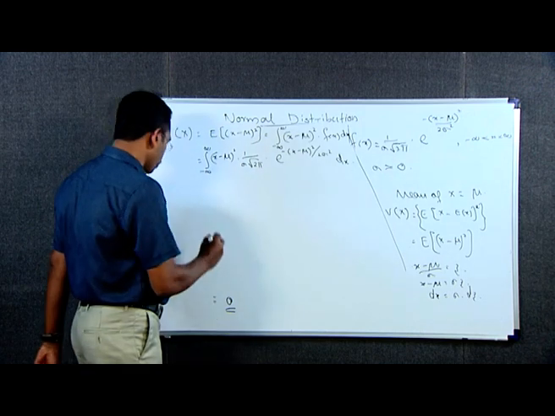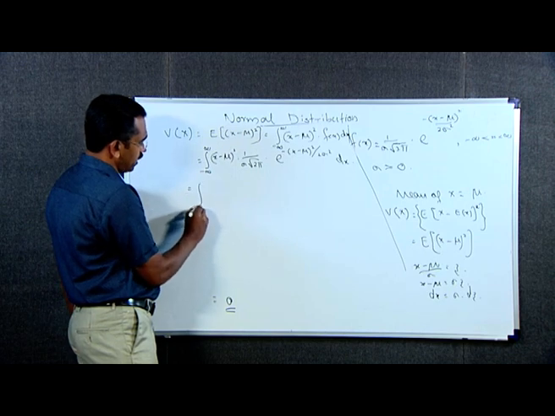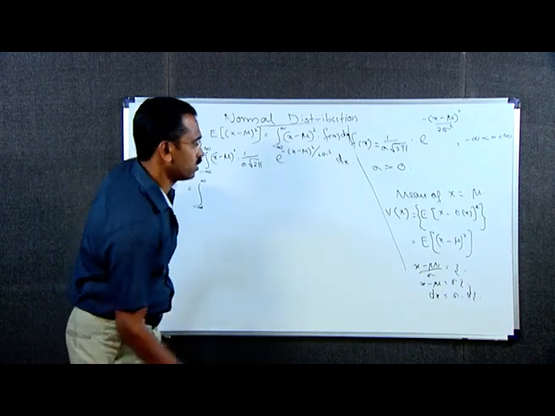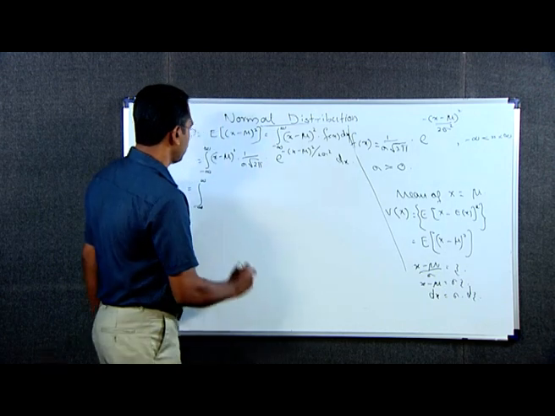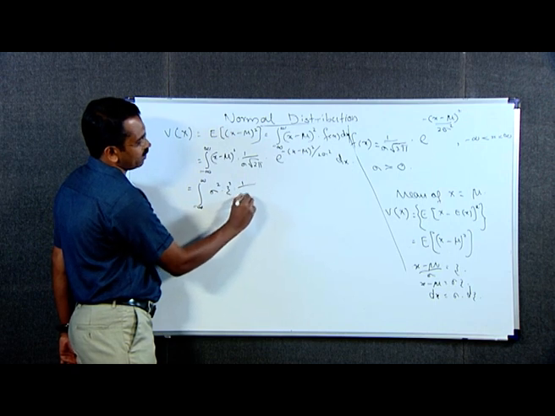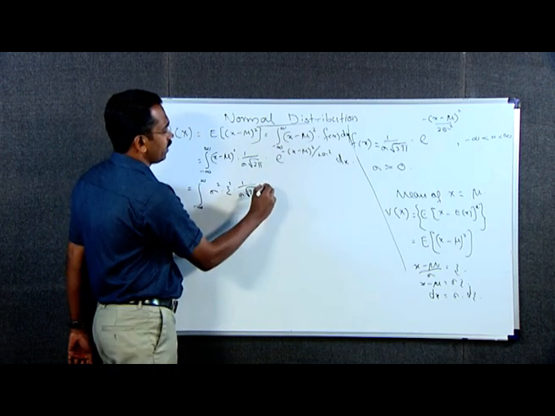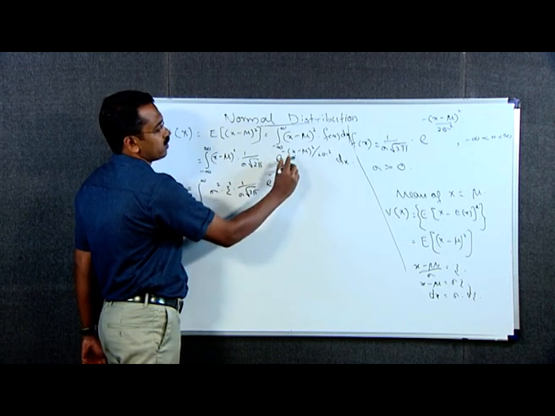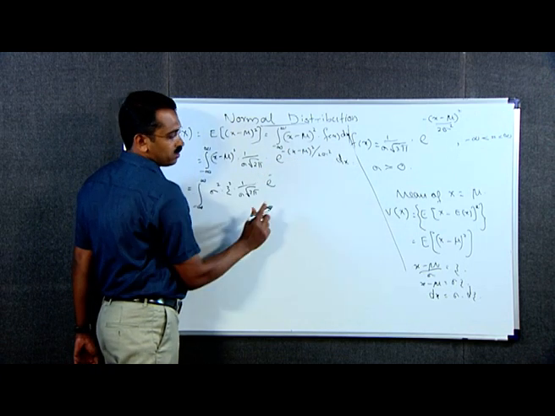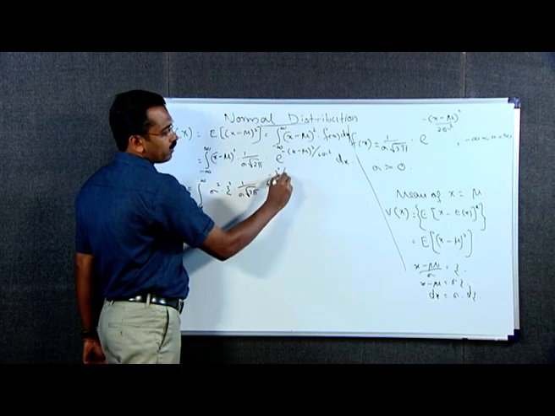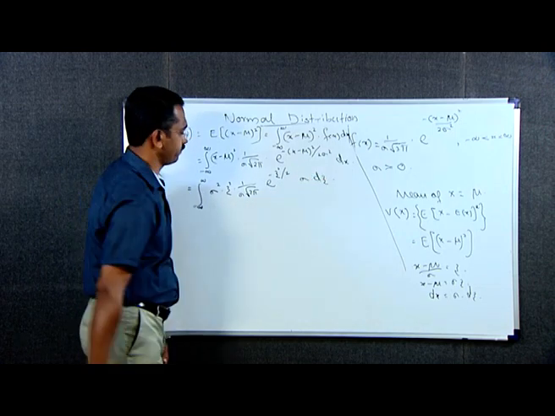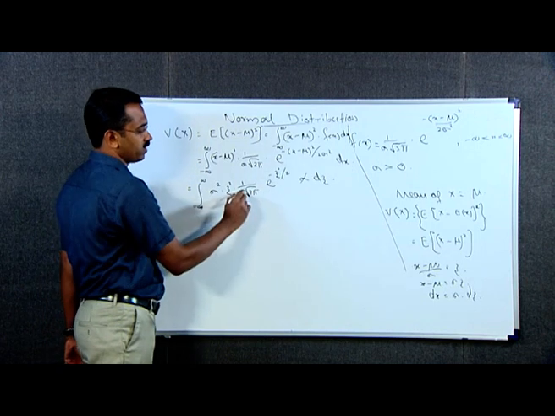Therefore, this is equal to integral from minus infinity to infinity x minus mu the whole square means sigma z the whole square, that is sigma square z square into 1 by sigma into root of 2 pi. Here e raised to minus x minus mu divided by sigma the whole square by 2, that is z square by 2, e raised to minus z square by 2, dx is sigma dz. The sigma and sigma cancelled.